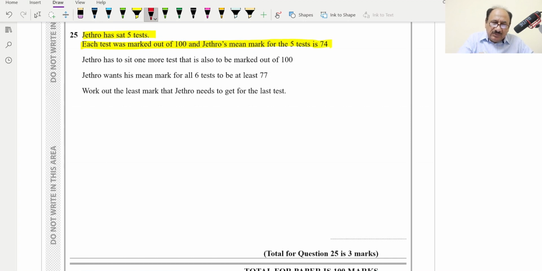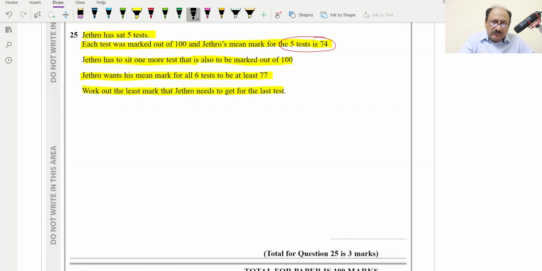Jethro has to sit one more test that is also to be marked out of 100. Jethro wants his mean mark for all 6 tests to be at least 77. Work out the least mark that Jethro needs to get for the last test.